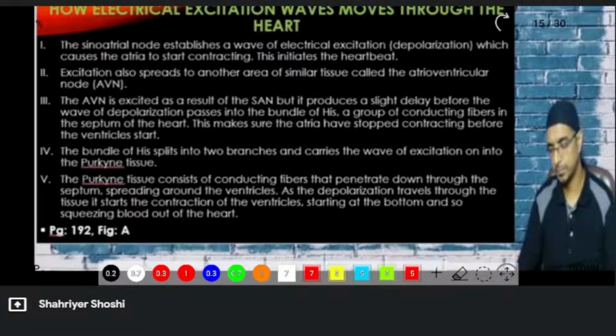The Purkinje tissue is basically also a bundle of fiber which penetrates down through the septum, spreading around the ventricles. So it passes the shock wave into the ventricle as the depolarization. The depolarization is basically the shock wave traveling through the tissue. It starts the contraction of the ventricles, starting at the bottom and squeezing the blood out of the heart.